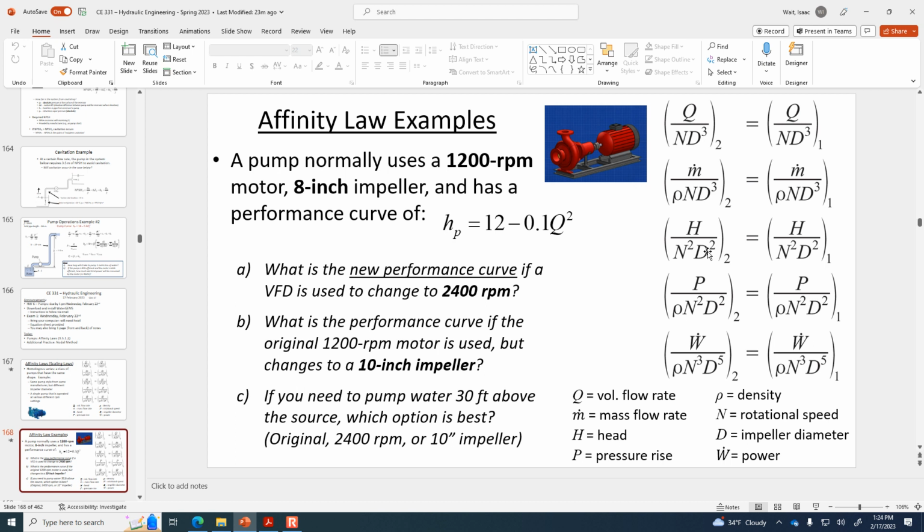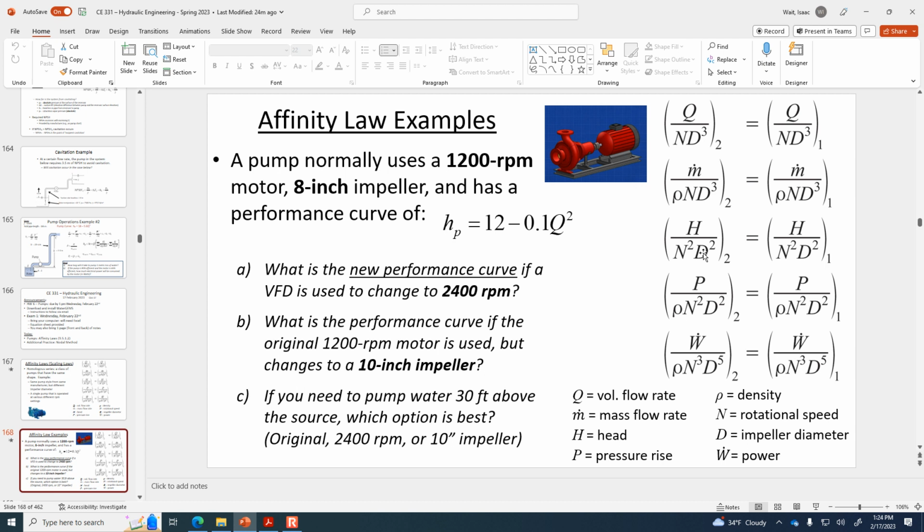Okay. So we're not changing the diameter as before. D cancels out. But what we're left with is H2 divided by N2 squared is equal to H1 divided by N1 squared. So in other words, H1 is N1 squared times H2 divided by N2 squared.